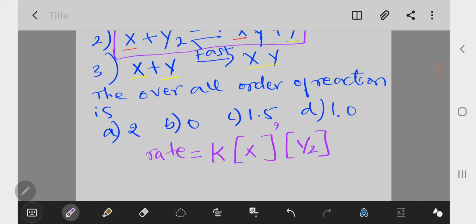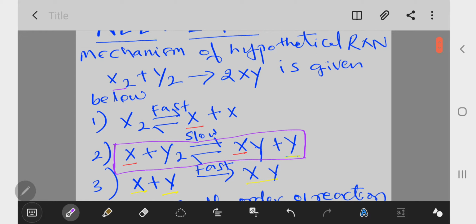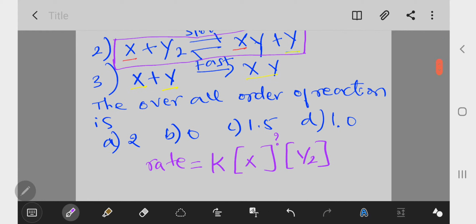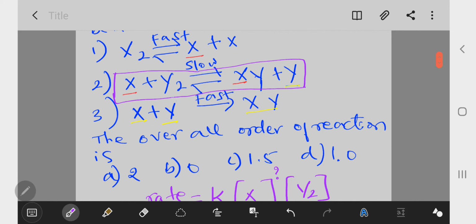We have to find its concentration power. Since we have taken Y2 in our reaction, that Y2 completely participates in the slowest step and completely reacts to give the same quantity of this Y on the product side.